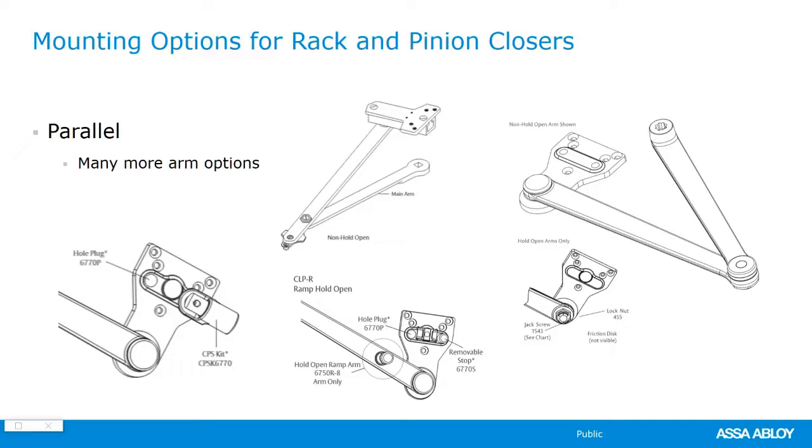But the parallel arm options are really cool. You can get stops built in. You can get hard stops, or they call them positive stops, where the door goes open to a specific degree and boom, stops. And sometimes people use that instead of using a wall stop, because there are times when wall stops just can't be mounted.